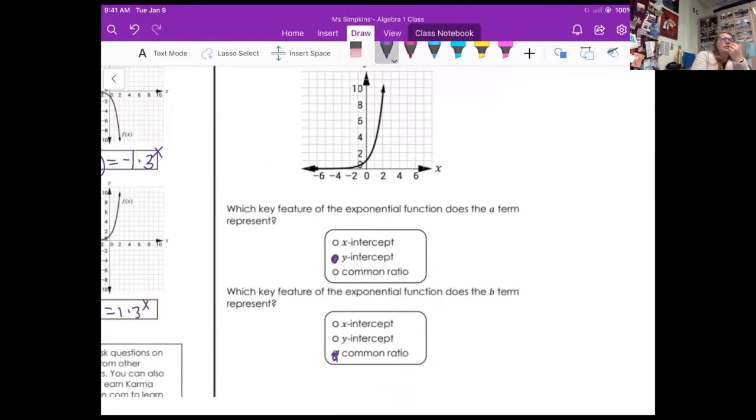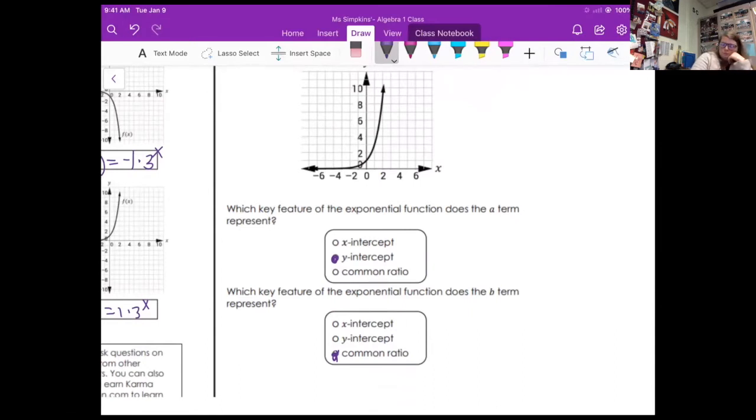What would be the x-intercept? Meaning, where would it cross the x-axis?